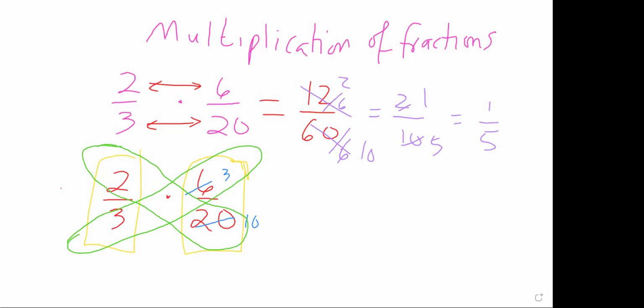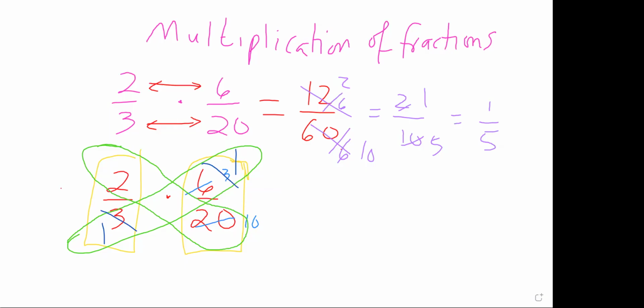So I did the fractions separately and reduced 6/20 to 3/10. Now I'm going diagonally to check, and it is possible to reduce something. If I look at the 3 and the 3, they cancel out to give me 1 and 1.